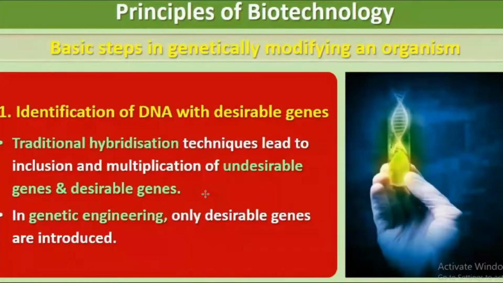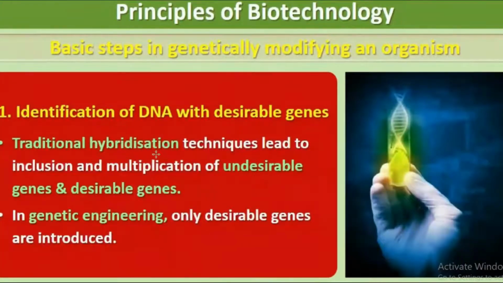only the desirable genes are introduced in biotechnology or recombinant DNA technology or genetically modified organisms. Why? Because if we use traditional hybridization, it leads to inclusion and multiplication of undesirable genes along with desirable genes.